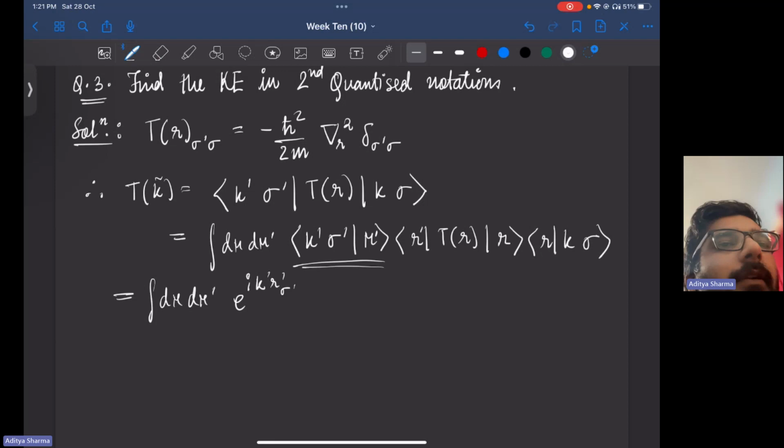There is a sigma index which I am giving, so I'll keep the sigma index. And this is what I have, which is r prime.